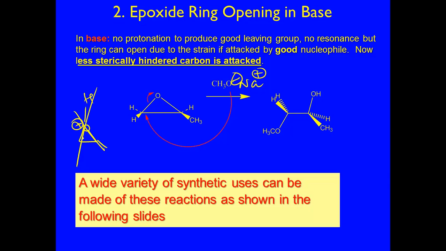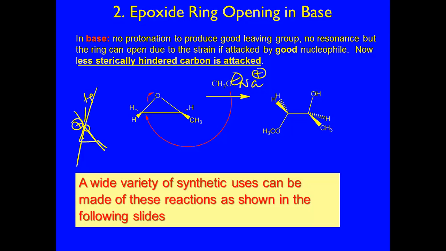Any questions about it? Invariably you make an alcohol when you open epoxides, because the oxygen is opening on one end and that is negatively charged.